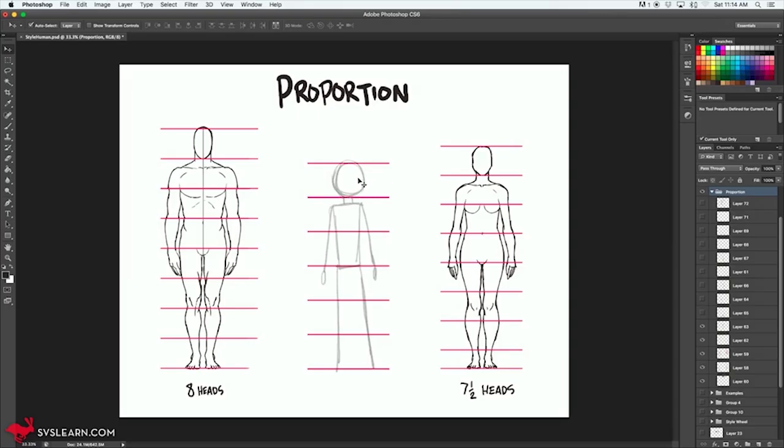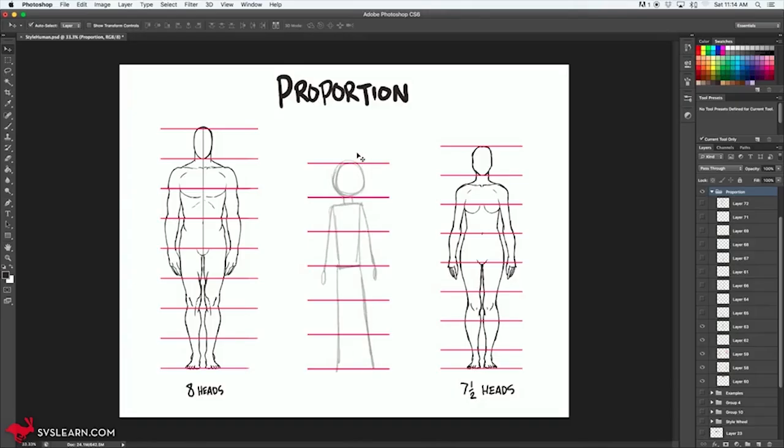But look at that head size, and maybe do a little exercise on your own where you take all of your favorite characters from your books and your films, animated films and comics, and just map them out and see what their proportions are, how many heads tall they are, how big their body is.